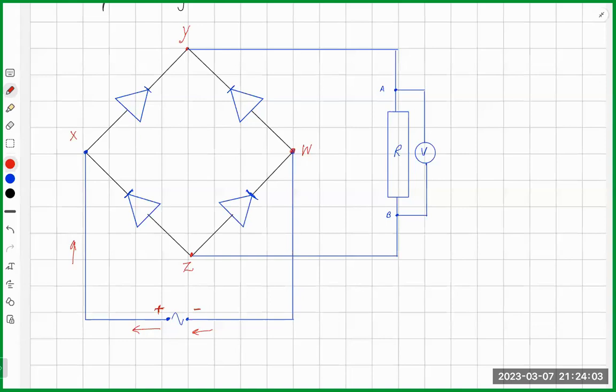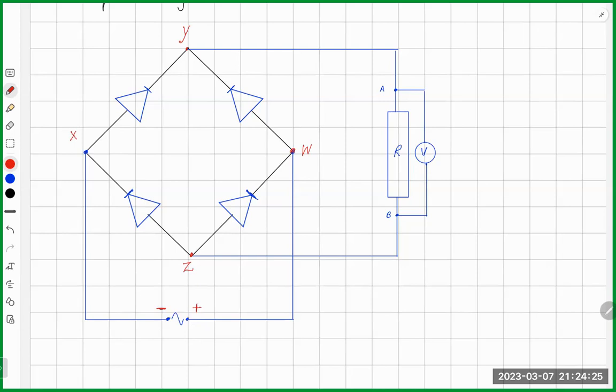Remember, it has to go to the negative terminal to complete the circuit. So it will go down. And if everything is right, let's see, the right side becomes positive and the left side becomes negative.